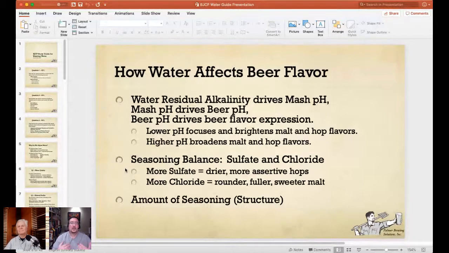Okay, what do these two ions do? Well, more sulfate tends to make that hop character a little drier and more assertive, but also makes that hop bitterness fade faster. So it makes it more aggressive. Lower sulfate allows hop character to persist longer and makes the beer less dry.